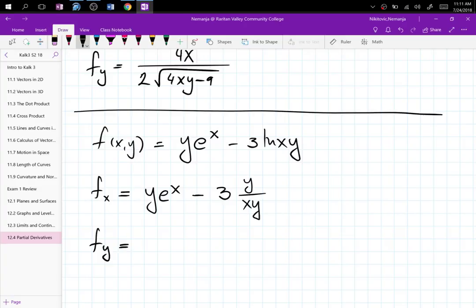The derivative of xy is just y because the derivative of x is 1, and then the y's would cancel. So the answer here is y e to the x minus 3 over x.